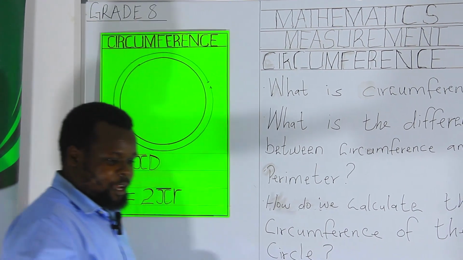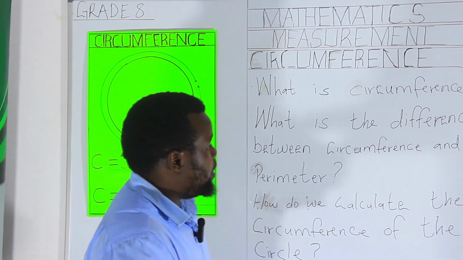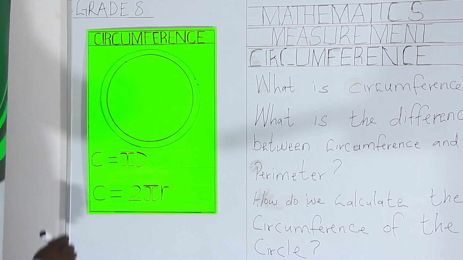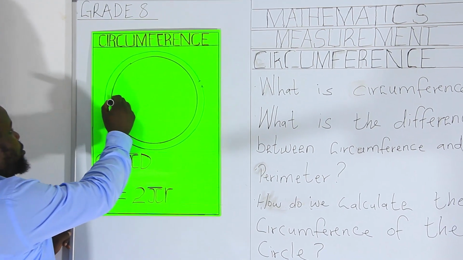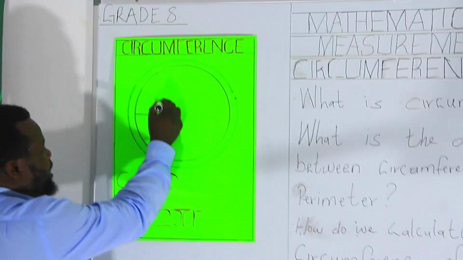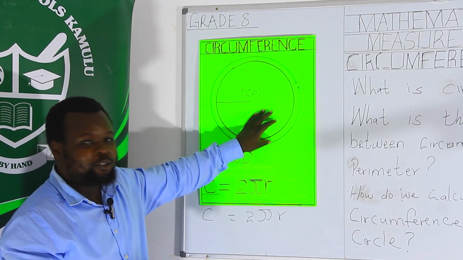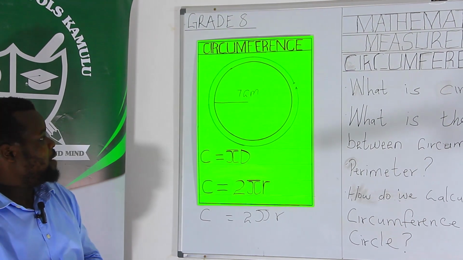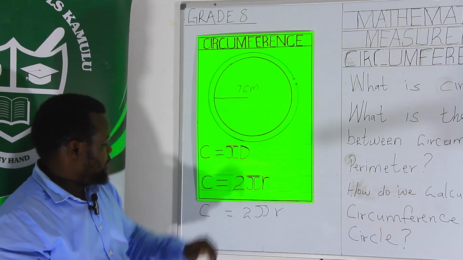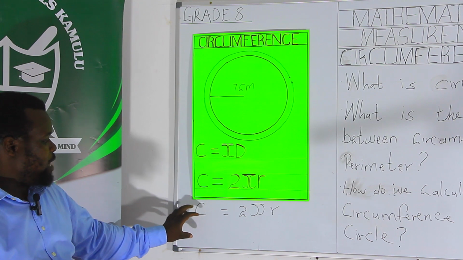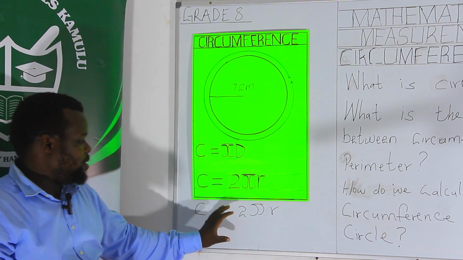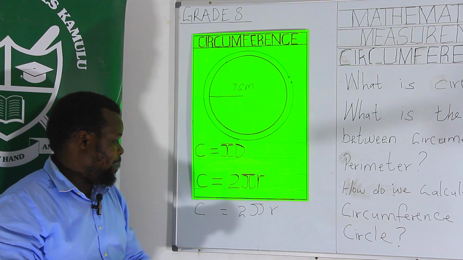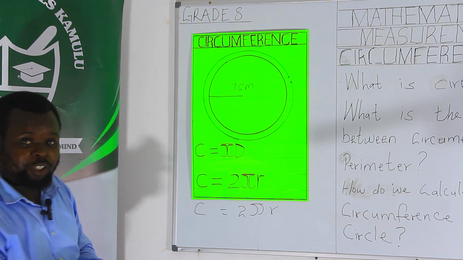Let us try and get the circumference of this circle if the radius is 7 centimeters, so that we can apply the formula that we have. Here we have 7 centimeters as a radius, and the formula now will be circumference is equivalent to 2 pi r. Now let us substitute.